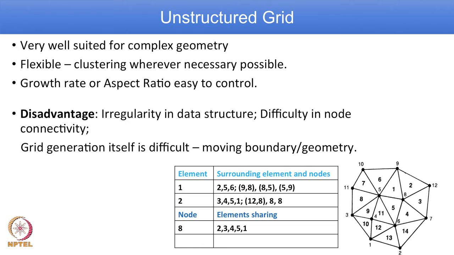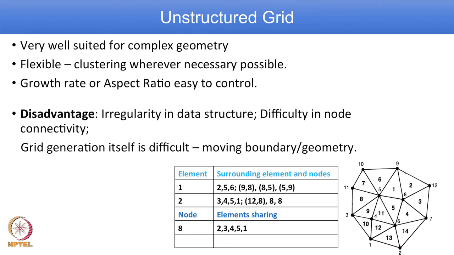Similarly, elements 5 and 1 share 2 nodes, that is 8 and 5. Similarly, elements 6 and 1 share 2 nodes, 5 and 9. So, you have to go on and build a table connecting node, element, surrounding node and surrounding element.